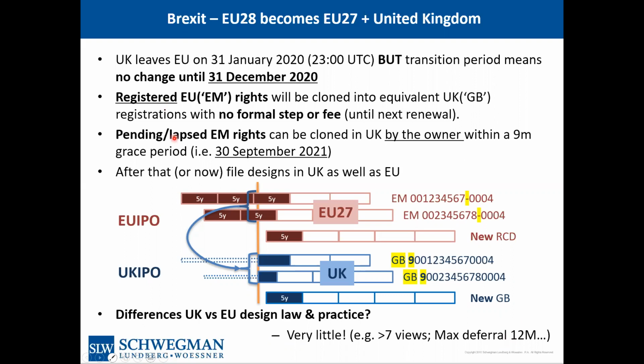If you have any pending European design rights, which could be ones where you've deferred publication, or ones that have lapsed due to non-payment of a renewal fee and you still want them back, then you will have to take action in the UK positively to do that, but there will be a 9-month grace period for doing all those things after the end of the transition period.